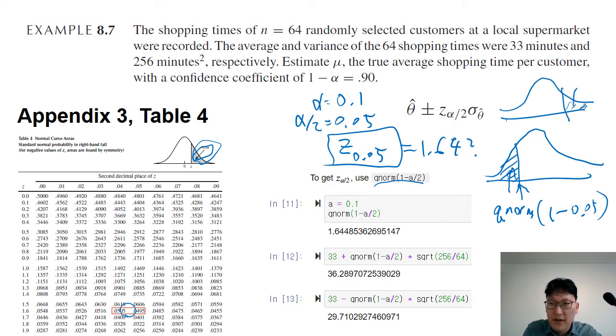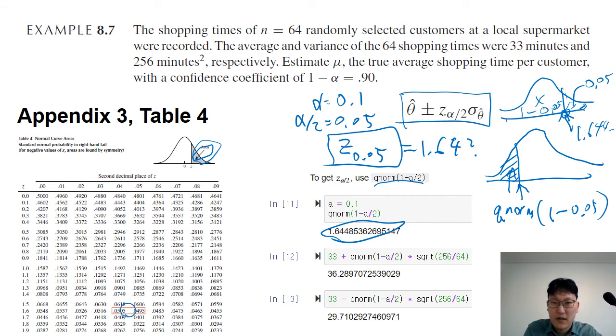The area here is 0.05 and the area this side is 1 minus 0.05. So qnorm of 1 minus 0.05 will return this value, which is 1.644 something. To calculate this, you put this quantity inside of R and you will get this.